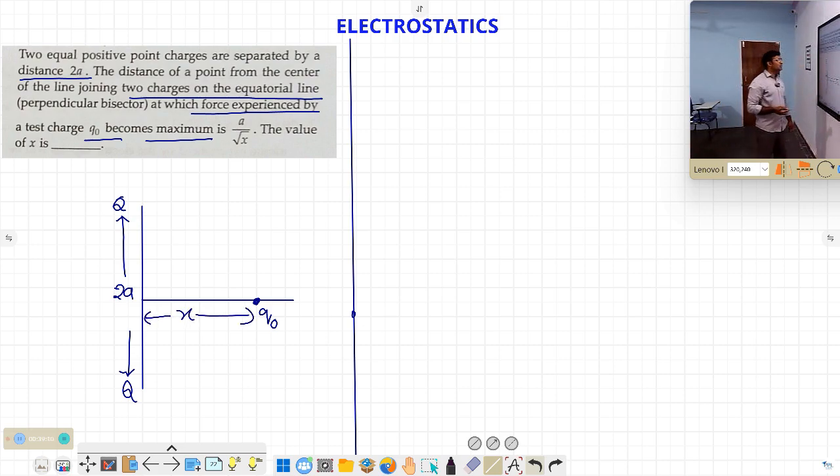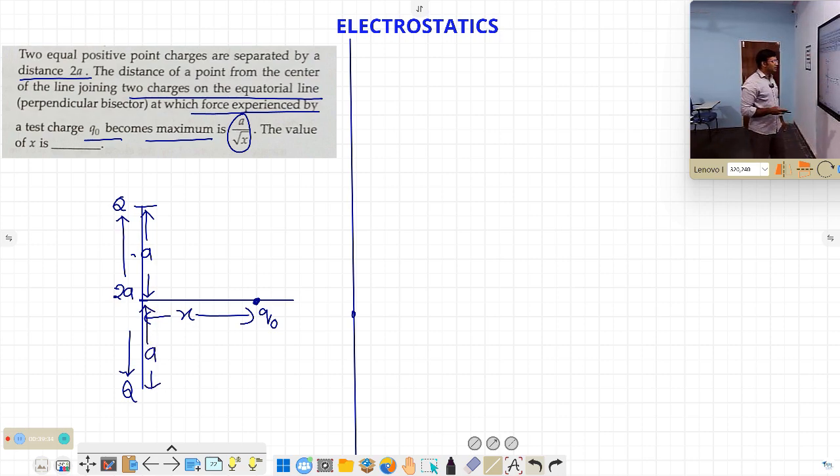They are asking to find the x value here, in terms of a. What is a here? A is nothing but the distance of the charge from the center of the line of bisector.